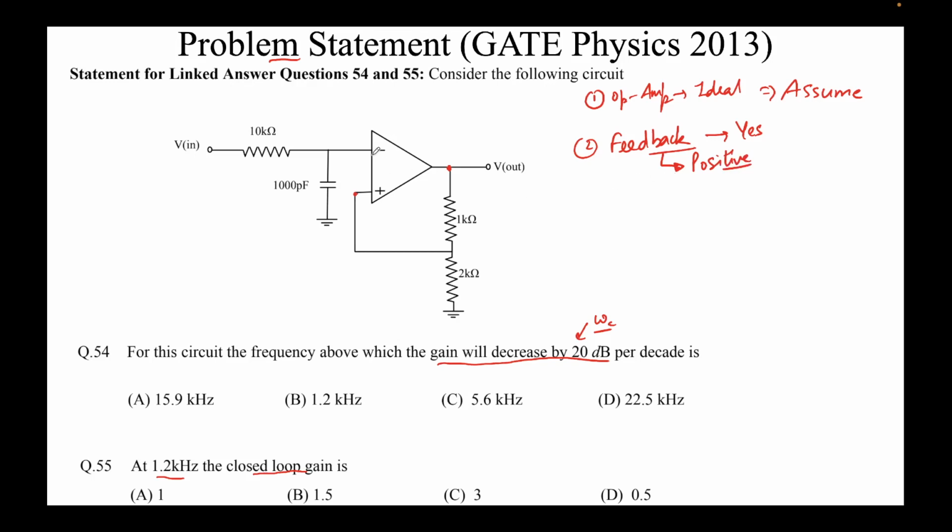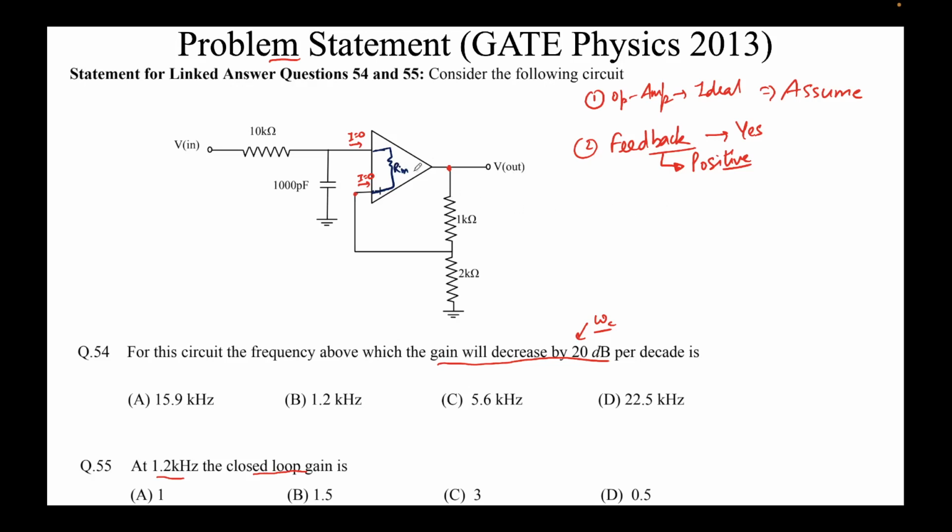Now, since this is an ideal op-amp, we'll assume that the current entering here is 0. Also, the current entering here is 0. Next, we know that actually in the model of an op-amp, there's an R in here.